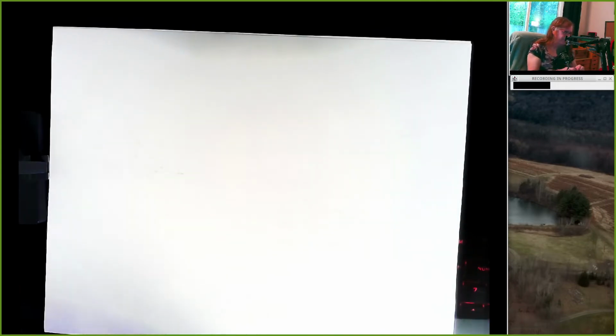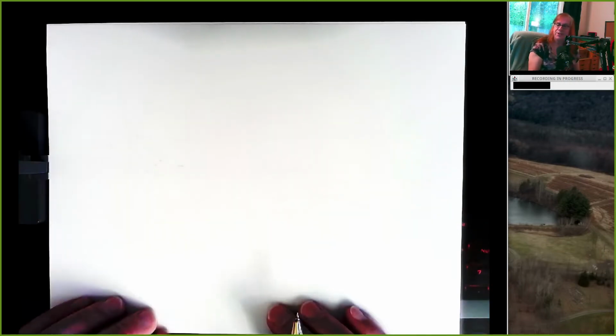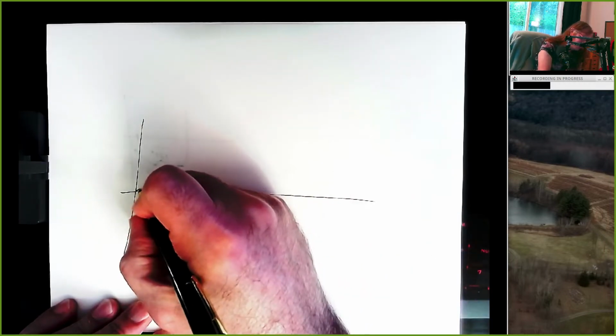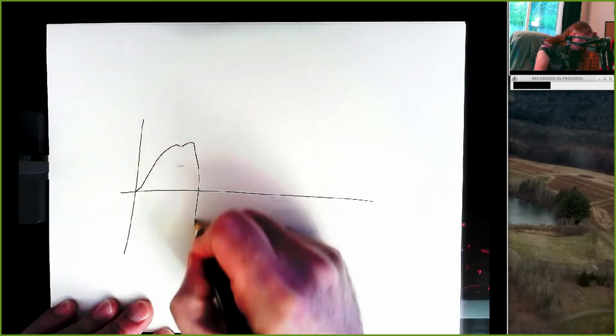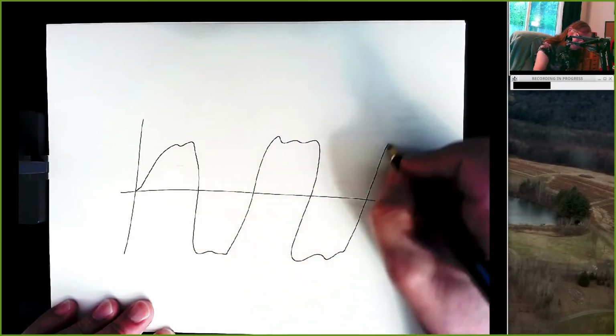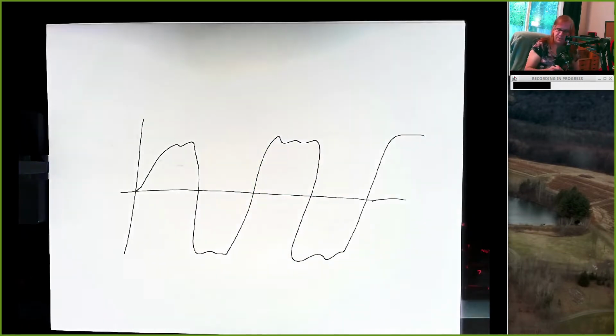And so as computers became more ubiquitous, and we tried to do more and more things with computers, we found that we could take a waveform like this, and we could approximate it.